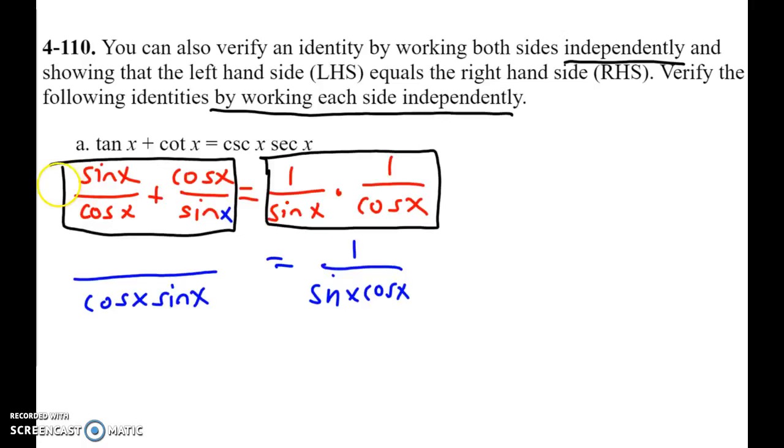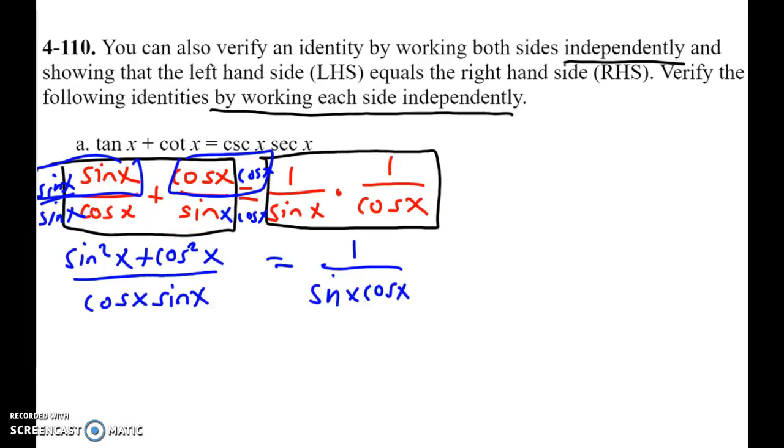Okay, so I need to have a common denominator, multiply this by sine x over sine x to make that common denominator, and over here multiply by cosine x over cosine x. So I get right here sine squared x plus cosine squared x.